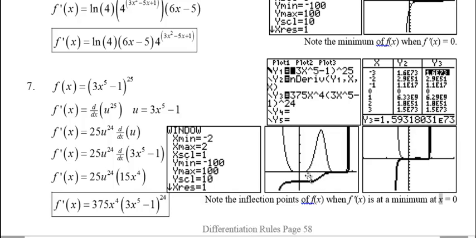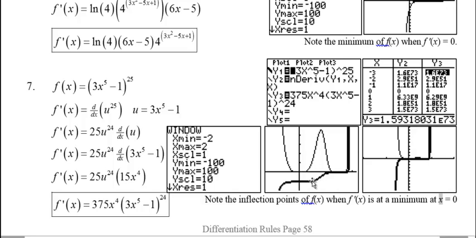So between these two, the original function is increasing and concave up. Since the original function is increasing, the derivative is positive. Since the original function is concave up, the derivative is increasing.